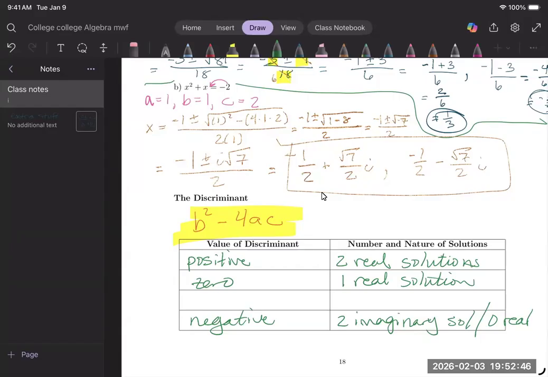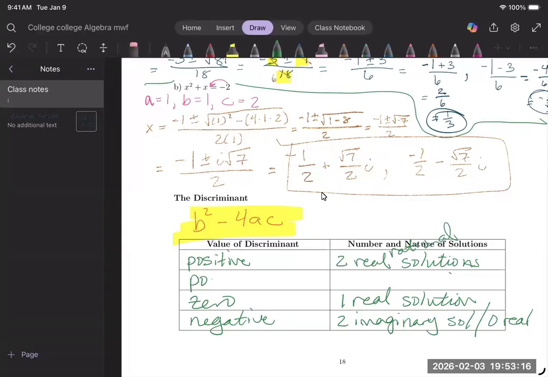Well, I guess there's 2 positive types. You can have positive with 2 real and rational, and then positive with 2 real and irrational. Let me pop this down here then. So 0, 1 real solution. So I can have 2 real rational.